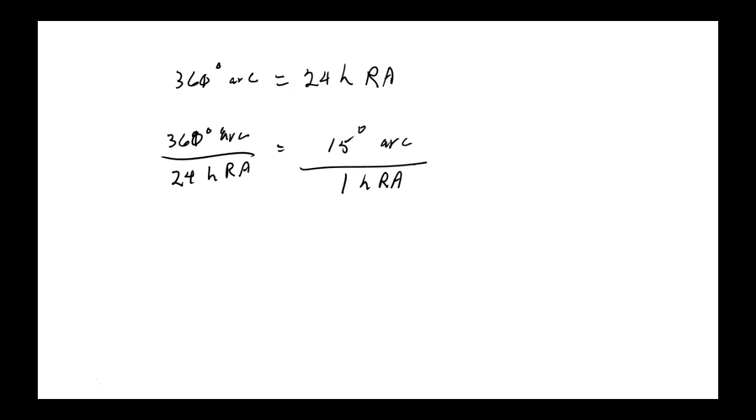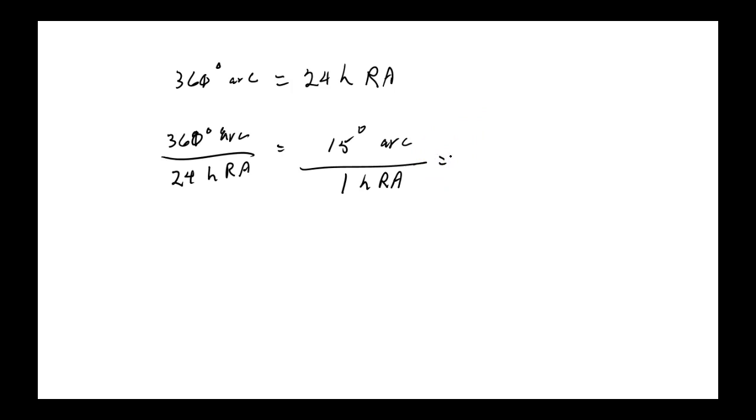Now, someone was doing the next question. How many minutes of right ascension are equivalent to 1 degree of arc? So number 4, the answer is 15 degrees of arc. Okay? Now, how many minutes of right ascension are equivalent to 1 degree of arc?